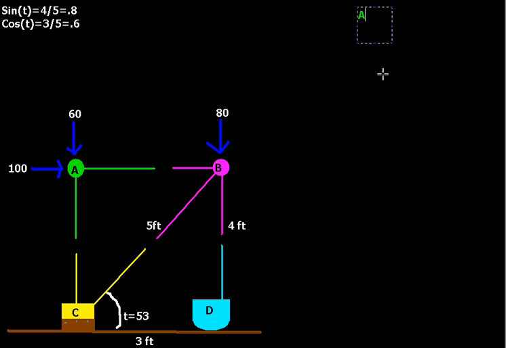B is attached to three different things, so I'm going to write B 3 times: B, B, B. D is attached only to B, so I'm going to write D once. But wait, actually no, I'm sorry. D is also pressing against the ground, so we still need to figure out how hard it's pressing against the floor. So we have 2 D's. I'm just putting these in so I have all the letters ready to rearrange in a sec.